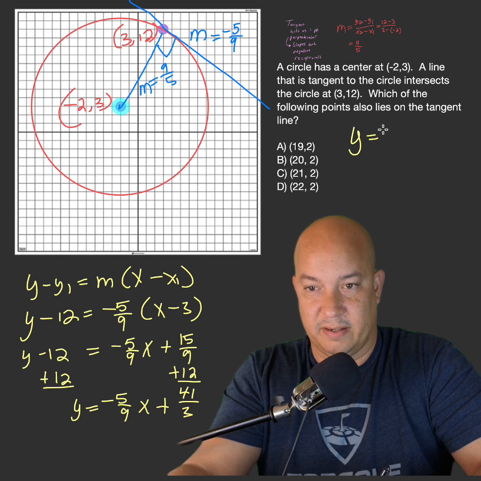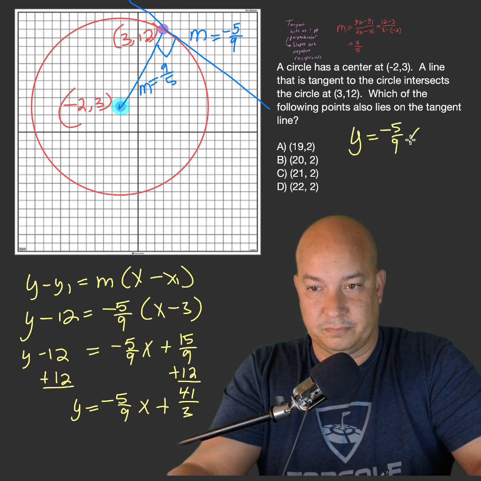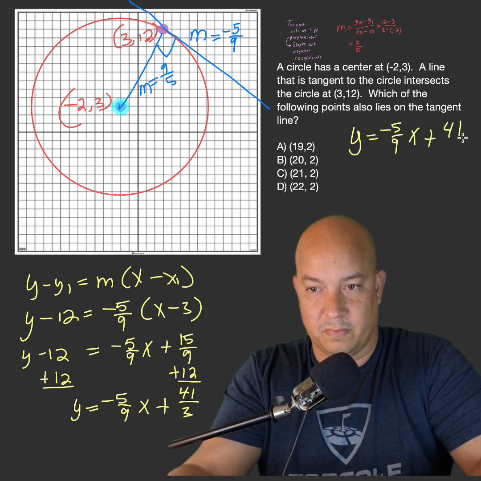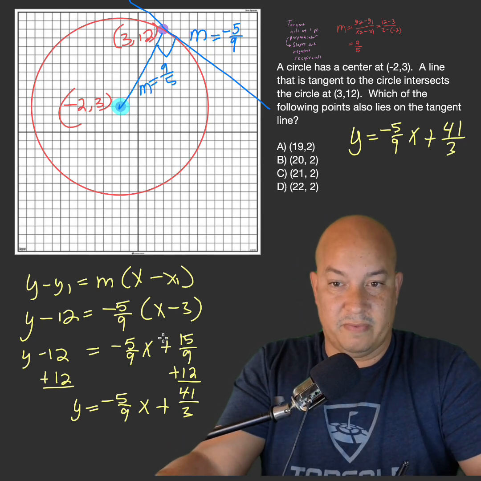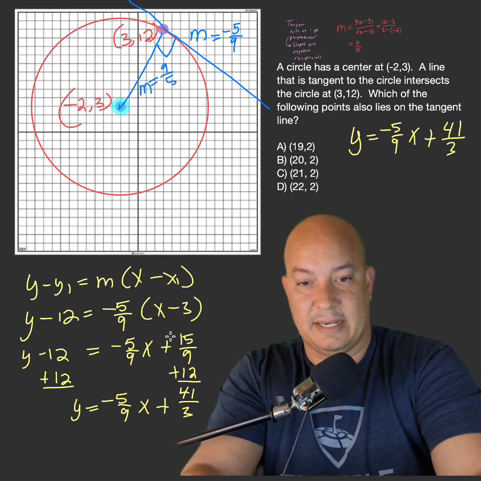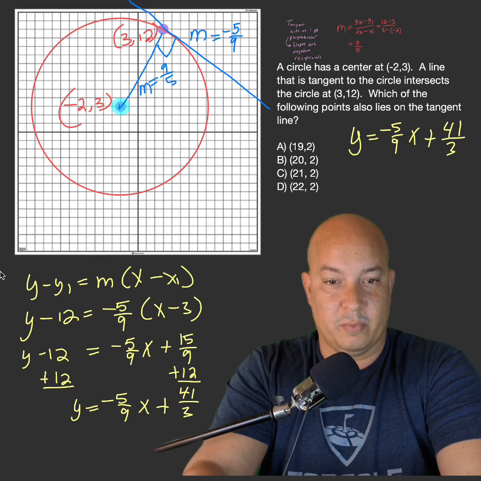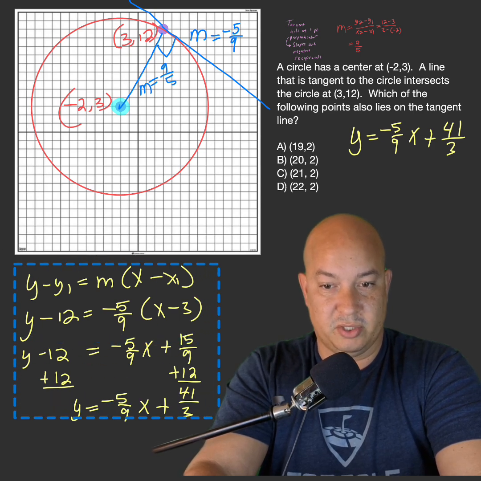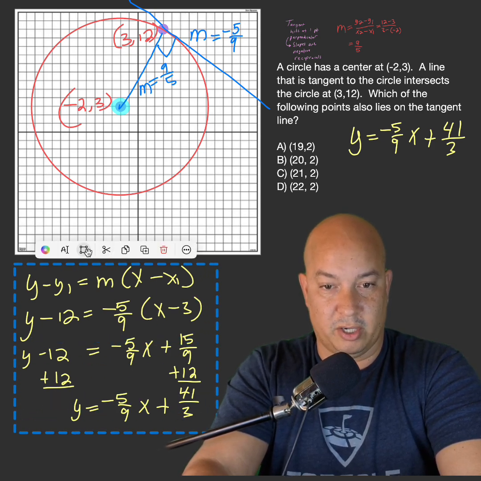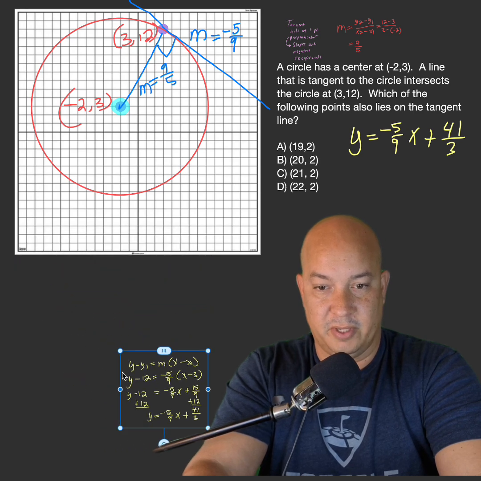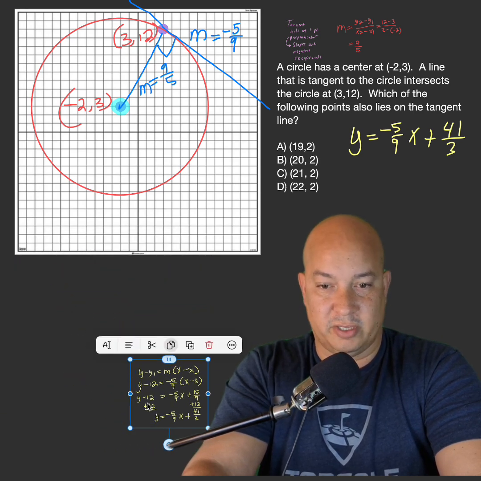So let's write it here. Now the value of having that equation is that now we have something that we can plug the answer choices into to find out which of them are good and which of them are not so good. So let me correct myself.